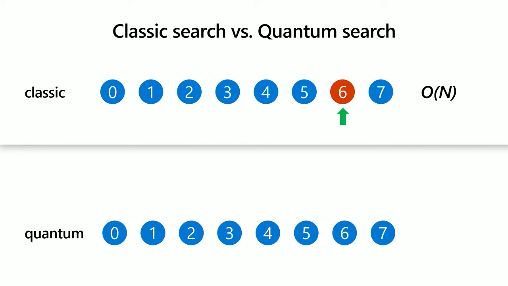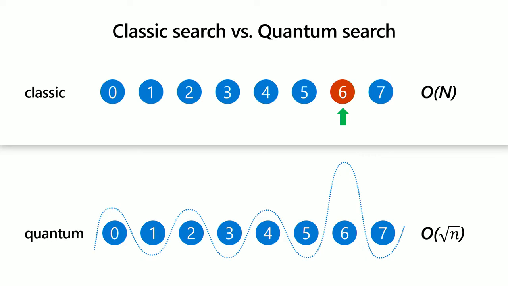But with a quantum computer, you put these into a state of superposition, and you magnify the state of the answer because it's got a special characteristic that identifies it as the answer. What you do is magnify the probability that when you measure the system, you're going to come up with 6.